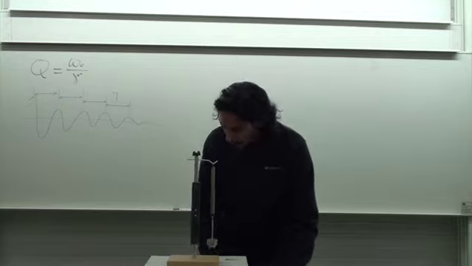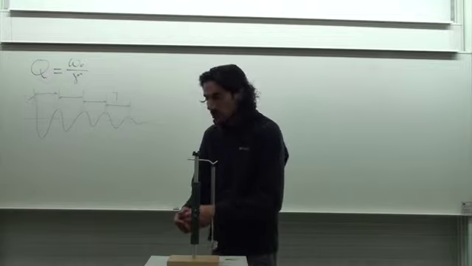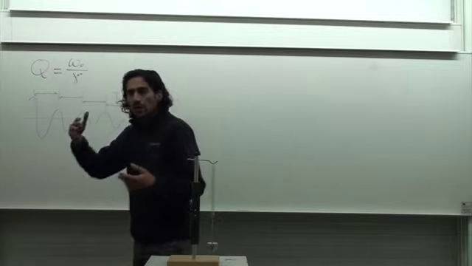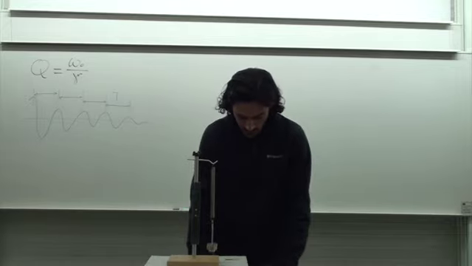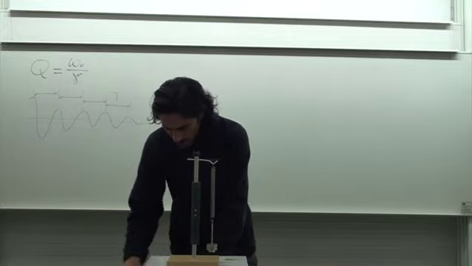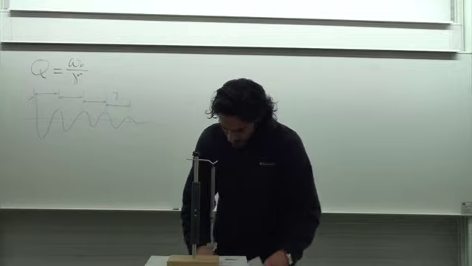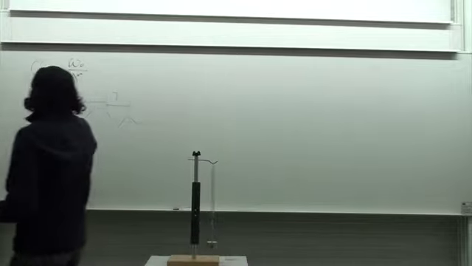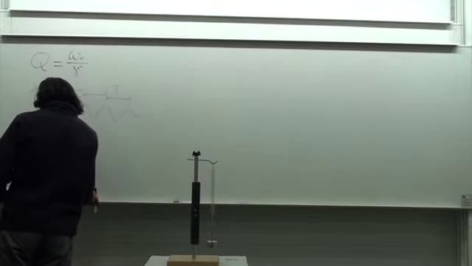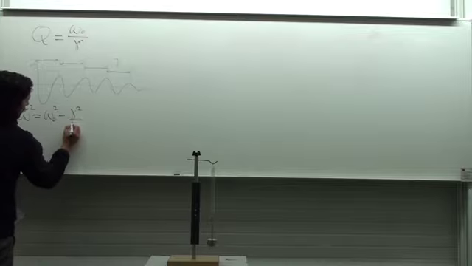Now, going back to the quality factor, the question is, how many oscillations do we have to wait until we get a specific amount of damping? Starting from here, I can write the equation omega squared equals omega 0 squared, let me write it again here, minus gamma squared over 4.